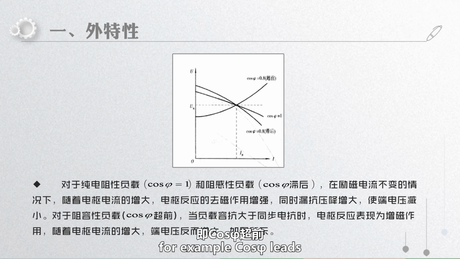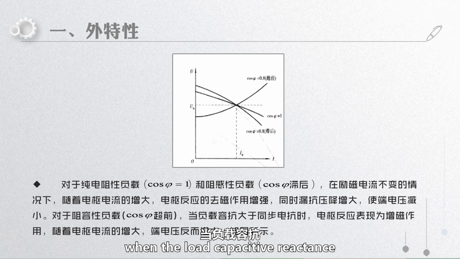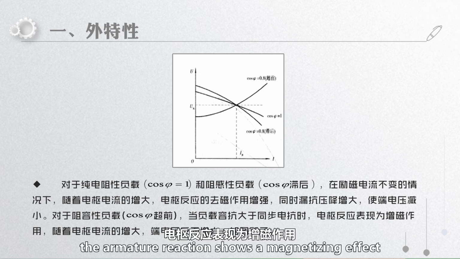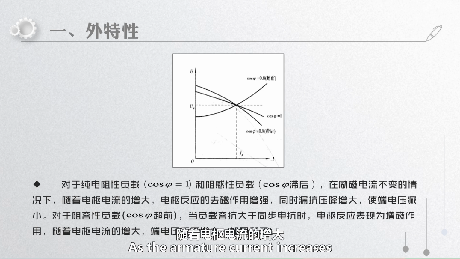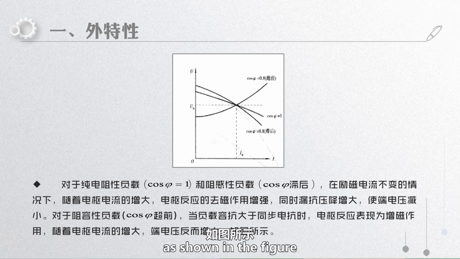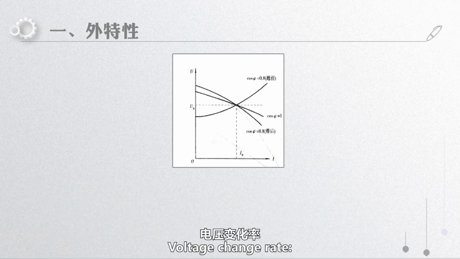For example, cosine phi leads when the load capacitive reactance is greater than the synchronous reactance. The armature reaction shows a magnetizing effect. As the armature current increases, the terminal voltage increases instead, as shown in the figure.